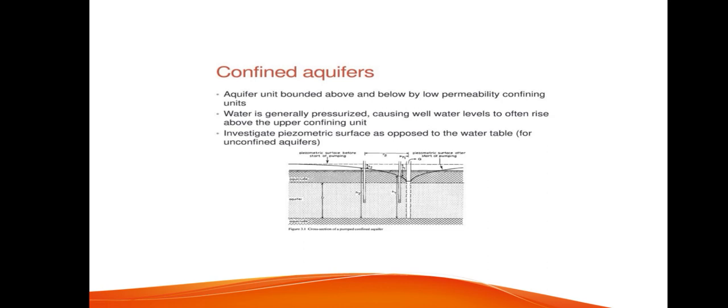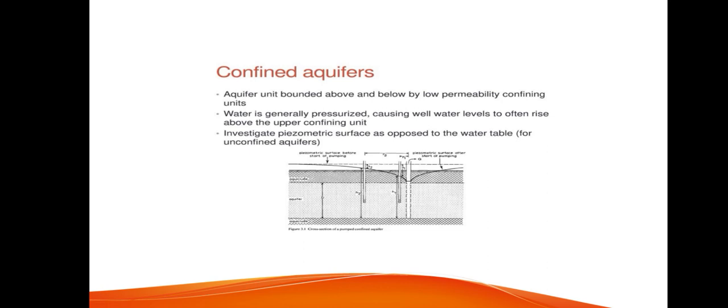In a confined aquifer, the water is trapped between layers of low permeability materials such as clay or shale, which act as confining units. These confining units prevent the water from easily flowing in or out of the aquifer vertically. As a result, the water becomes confined and can build up pressure within the aquifer.